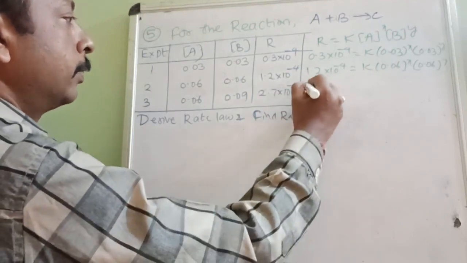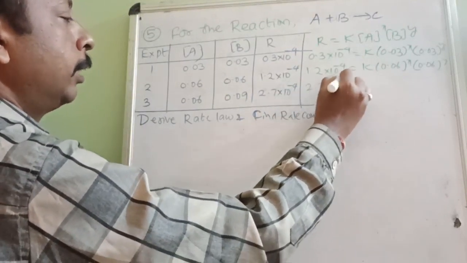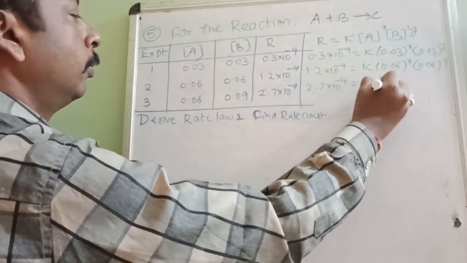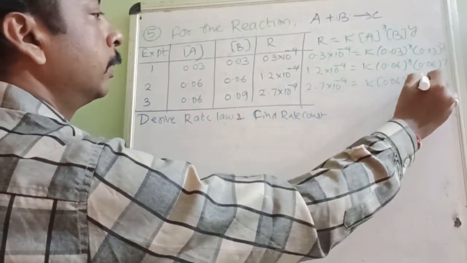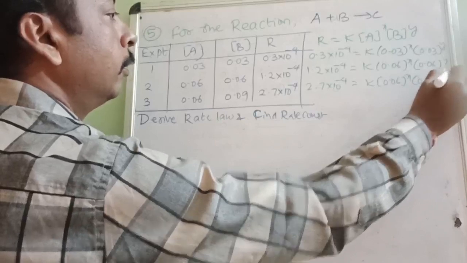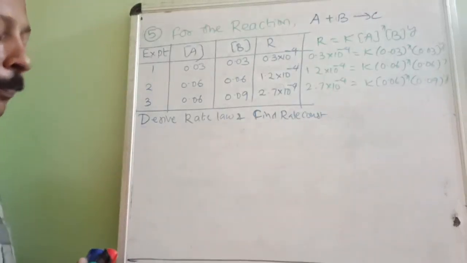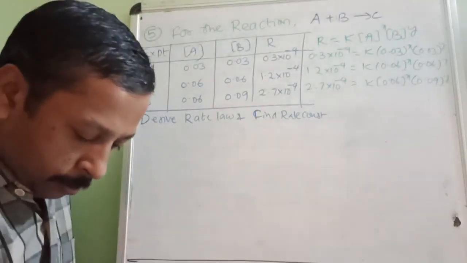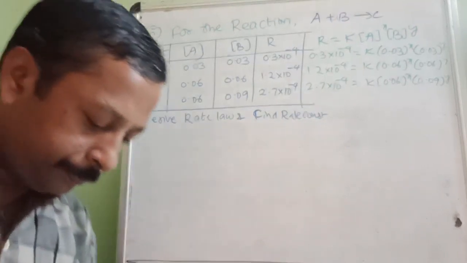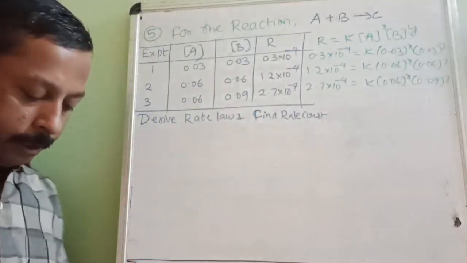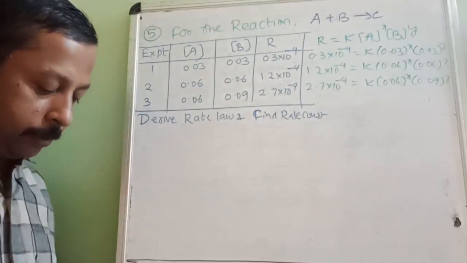Okay. Next 2.7 into 10 to the power of minus 4, k into 0.06 to the power of x, 0.09 to the power of y. Now here it is a very tough situation.